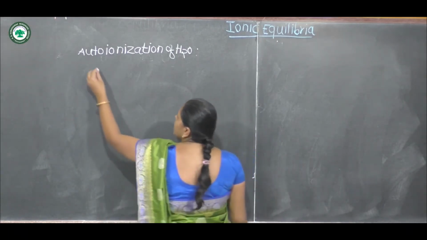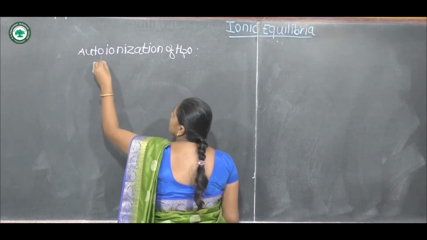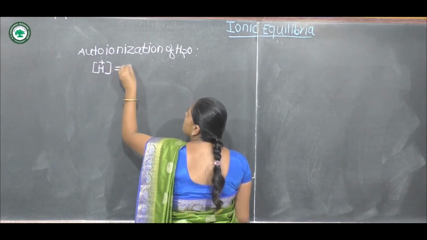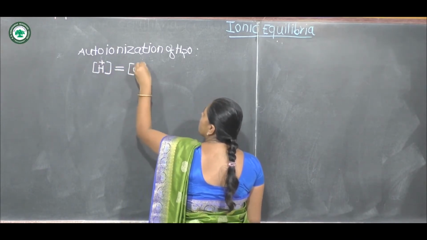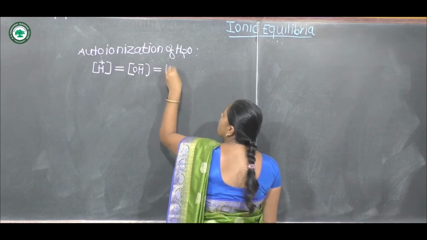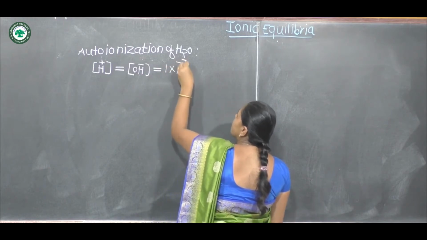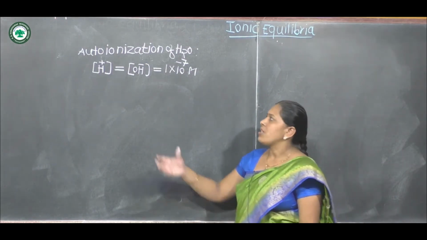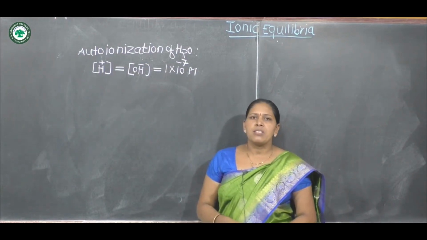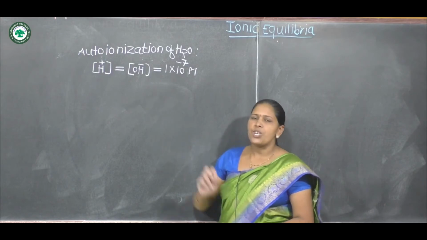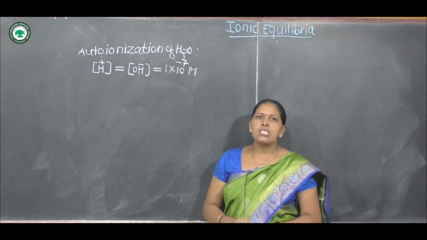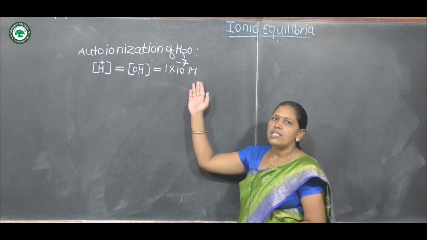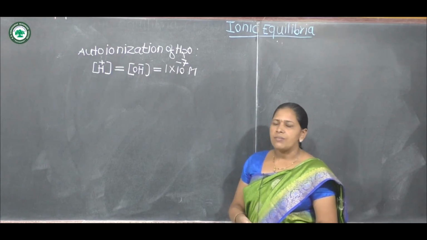Concentration of H plus is equal to concentration of OH minus is equal to 1 into 10 raised to minus 7 mole. This value is experimentally found out, that is 1 into 10 raised to minus 7.